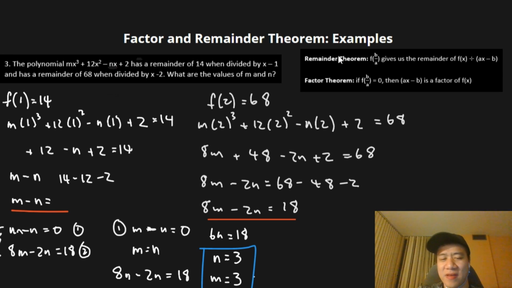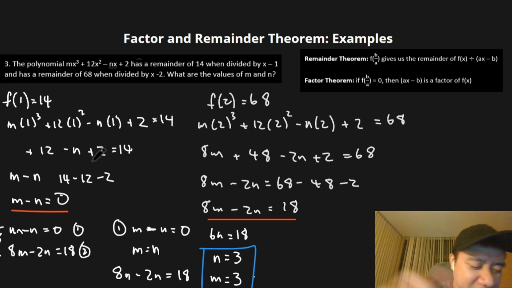So we knew f at 1 equals 14. Then we substituted 1 into our polynomial here, and at the end, we achieved this equation over here, m minus n equals 0.